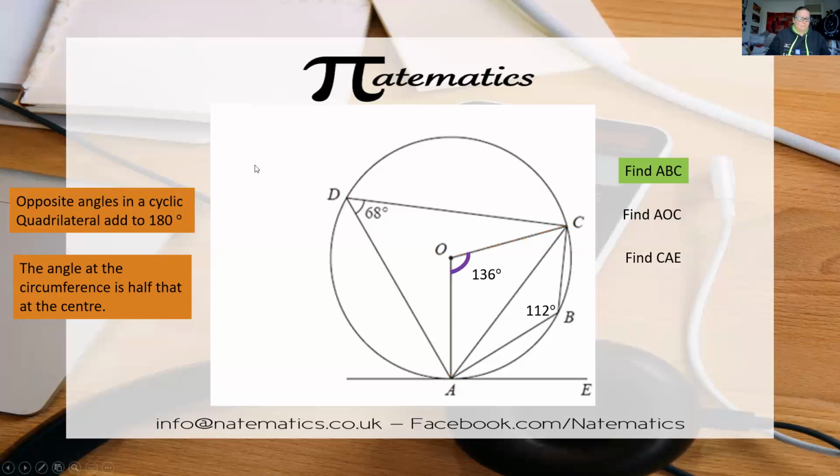Right, next rule. Find CAE. So we're going to highlight that. It's that angle there. Okay, what is it part of? Well, it's touching the tangent. Now, what do we know about angles that touch tangents?